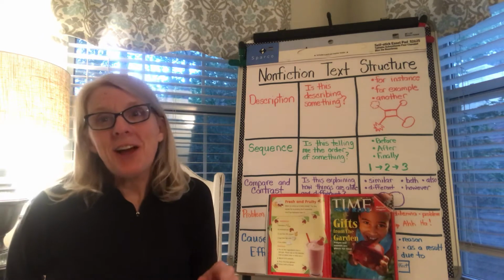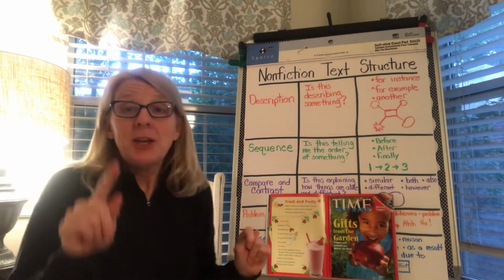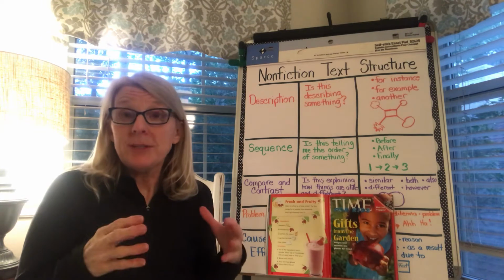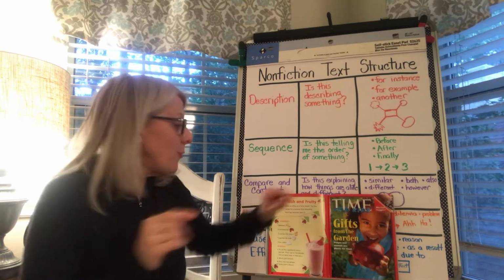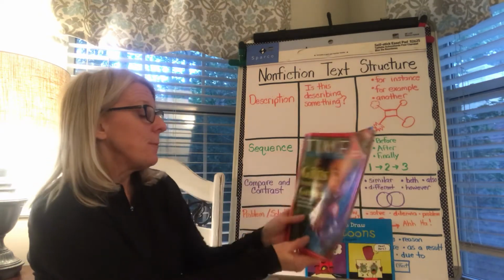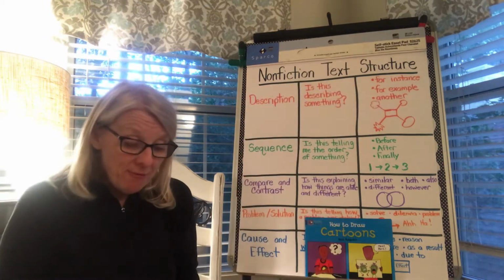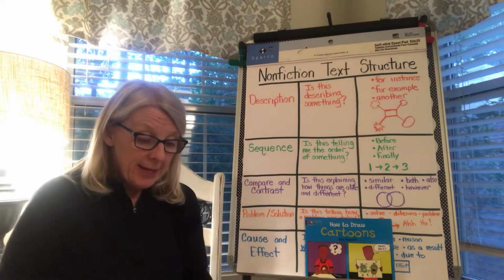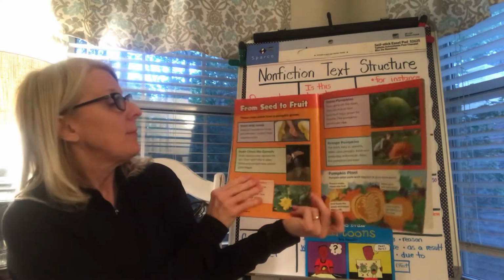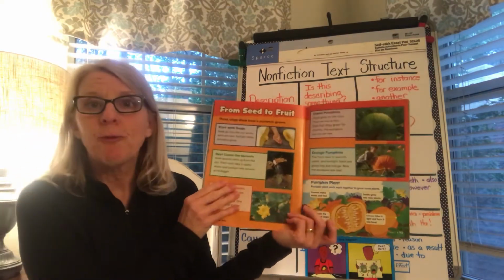So this is kind of a fun one because you all have done lots of sequence books and just didn't know it. For instance, I want to show you this Time for Kids book, and it says Gifts from the Garden. And the very first section in this book is called From Seed to Fruit.